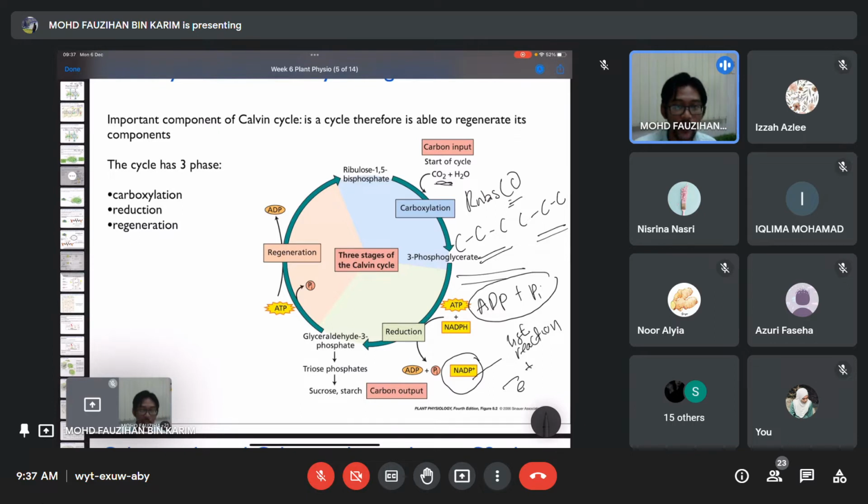That's why you learn one of the importance of having phosphorus, right, in mineral nutrition. One of it is this, ATP and ADP, right?